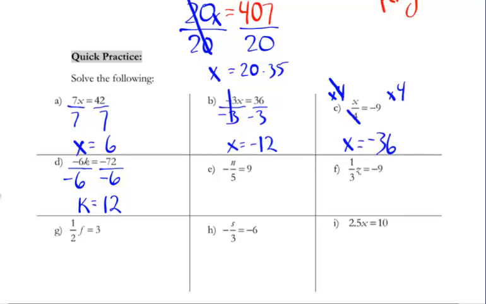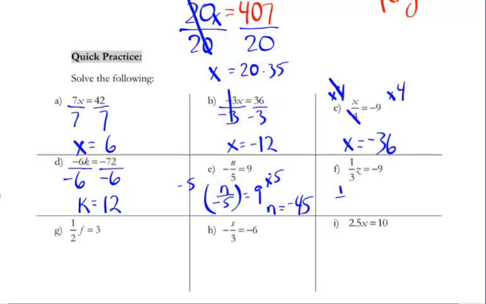Okay, the next one. It's -n over 5. Now, this one I'm going to rewrite. This can be seen, that negative can be applied to the bottom. So if we multiply by -5 and multiply by -5 on the other side, then n equals -45. 1/3 z.